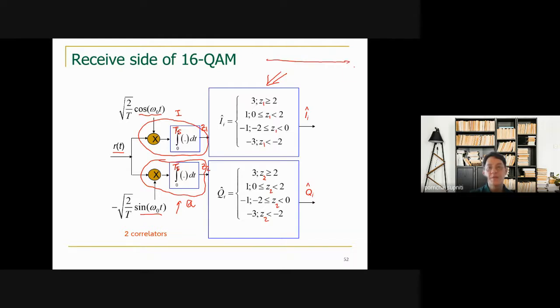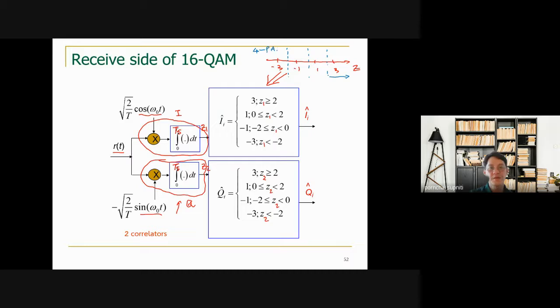For 4 PAM, Z takes the values minus 3, minus 1, 1, and 3. Without noise it's not difficult to distinguish, but with noise you set the threshold at the middle between the symbols of 4 PAM.